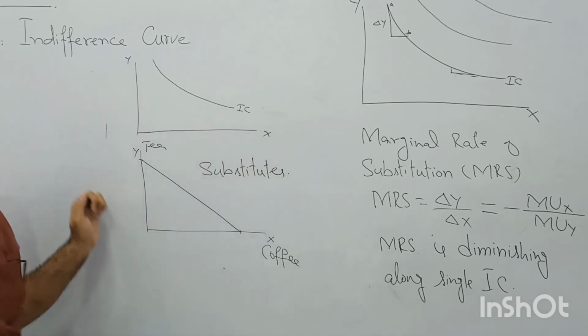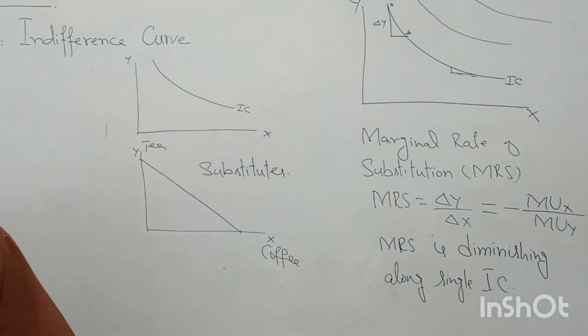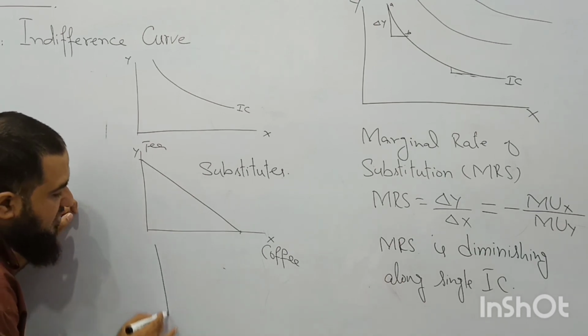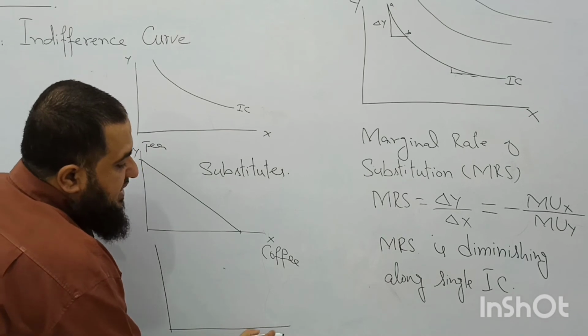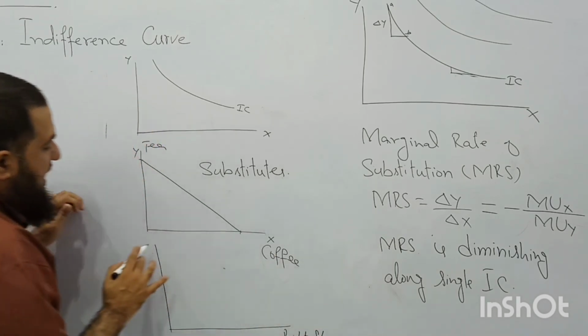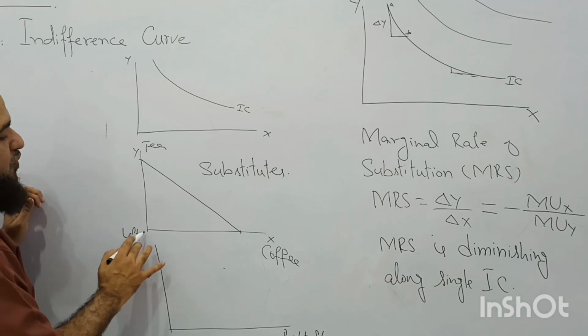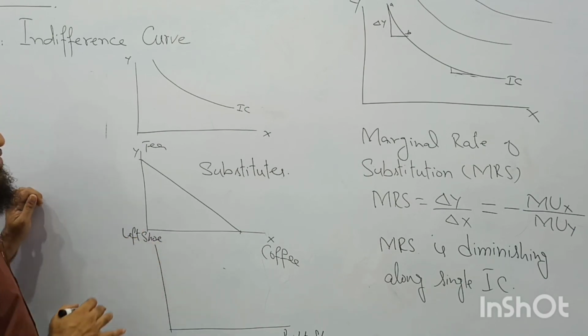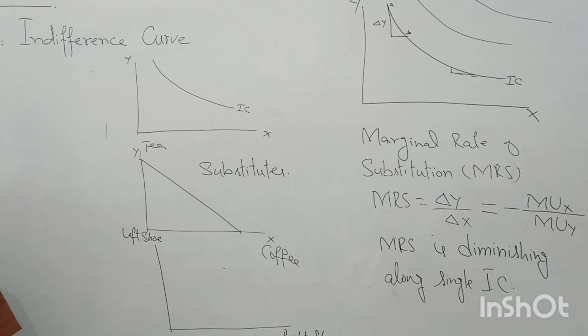What about the complements? When goods are complements to each other, what will be the shape of indifference curve? Look here. Here I say the right shoe and left shoe. We buy these shoes in pair, isn't it?